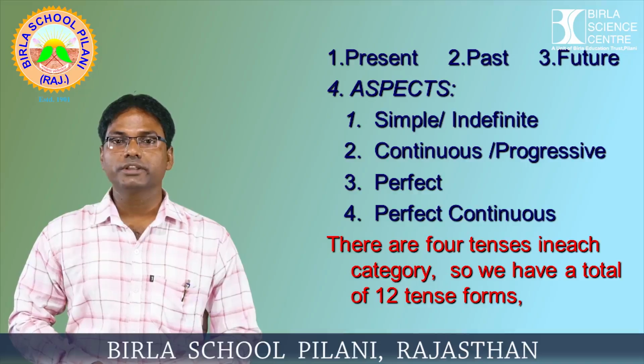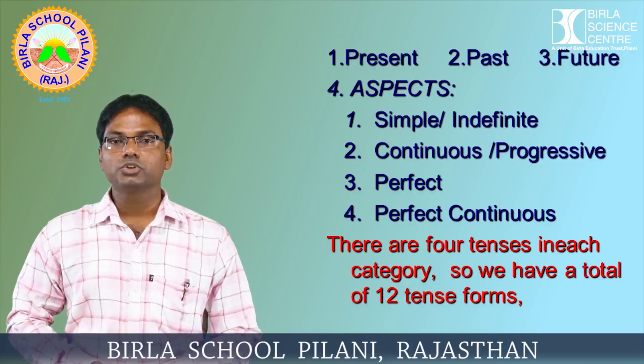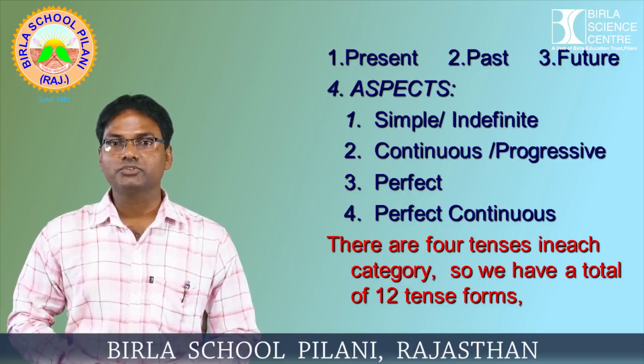The third one is perfect, and the fourth one is known as perfect continuous. Remember, all these 3 tenses have 4 aspects, so there are 4 tenses in each category. So we have a total of 12 tense forms. So we will be studying all these 12 tense forms, but first of all, let's study the present tenses.